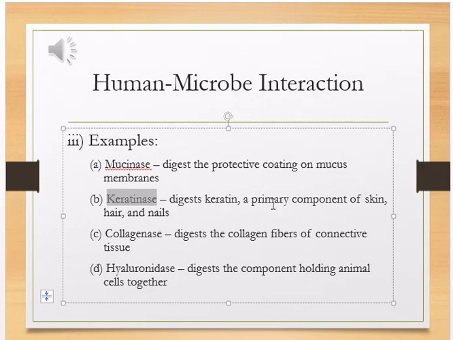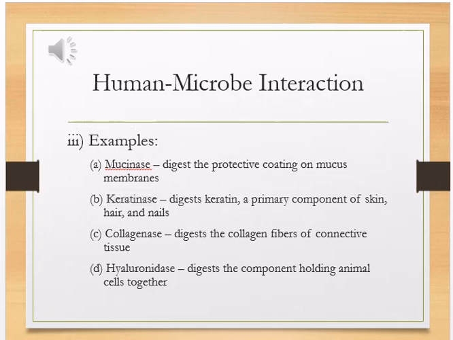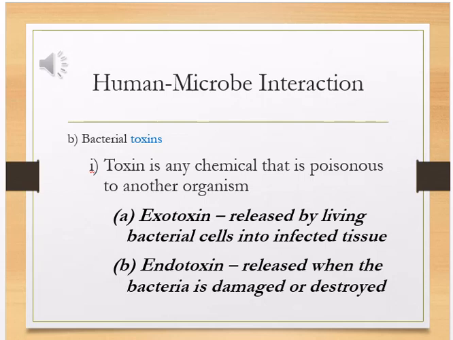So these are different chemicals produced by pathogens in order to harm and invade the host. These chemicals can be neutralized by the host body if the immune system is strong.